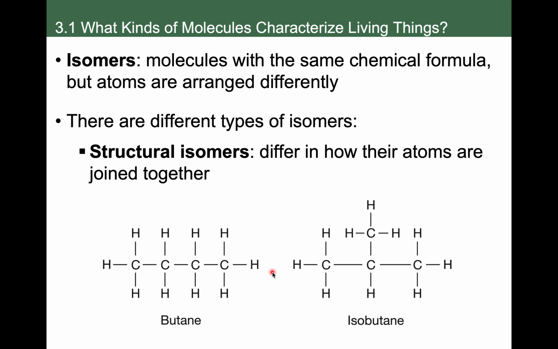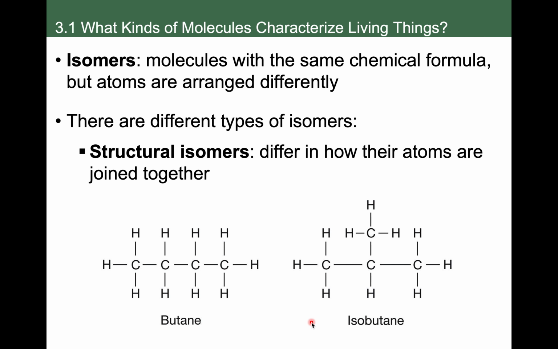Another way we can get diversity is through what's called isomers. And isomers are defined as molecules that have the same chemical formula, but the atoms are arranged differently. So for example, we've got examples at the bottom of the slide here of two different structural isomers. And so we got butane and isobutane.